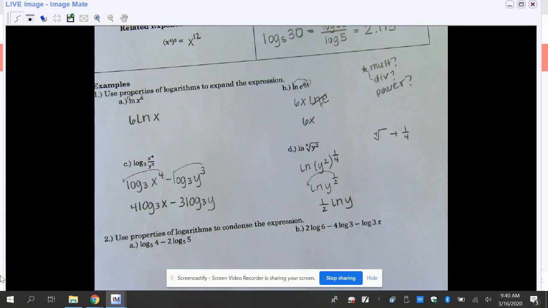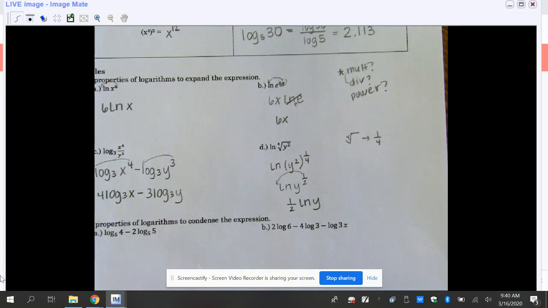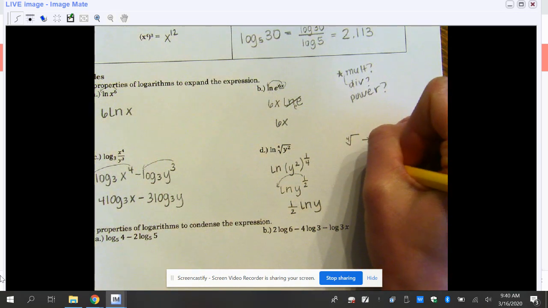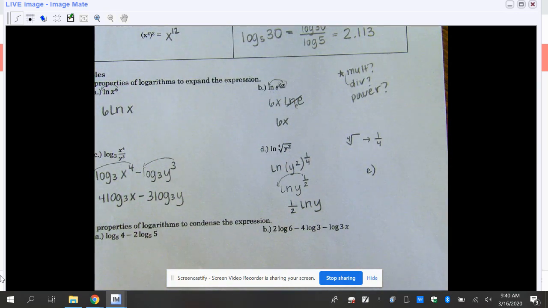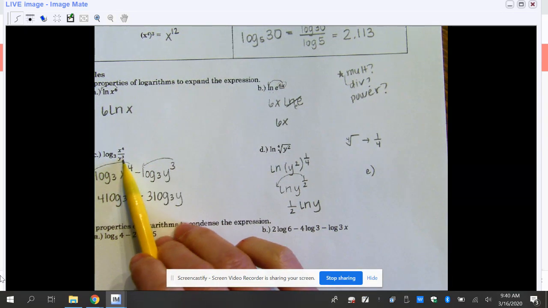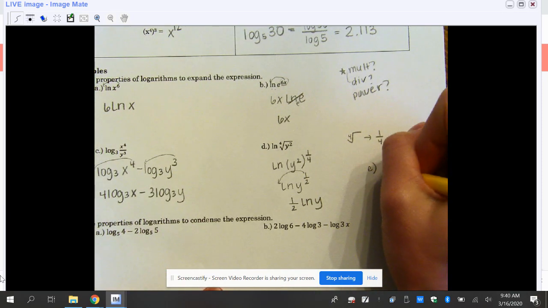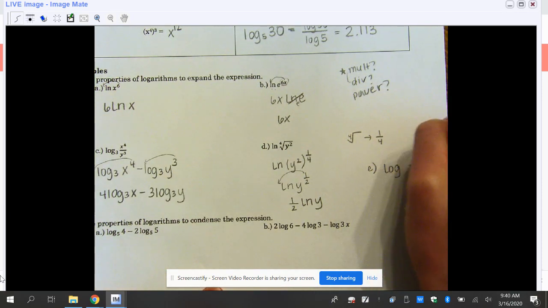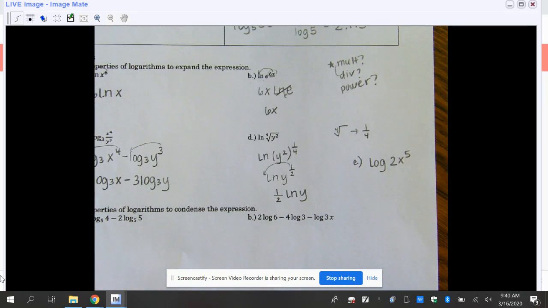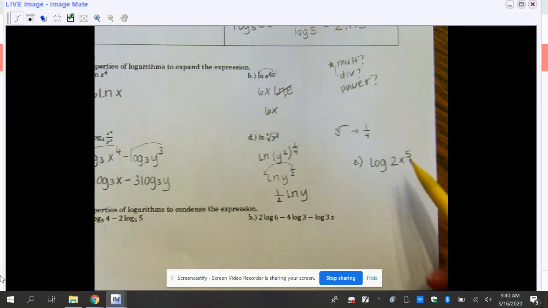Okay, so what I mean really quickly, maybe I'll add example E over here. What I mean by taking apart multiplication before bringing powers, because most people have no trouble with the division, doing that first. But if I were to give you something like log of 2x to the 5th, a lot of people's eyes go to that exponent first and bring the exponent out front.